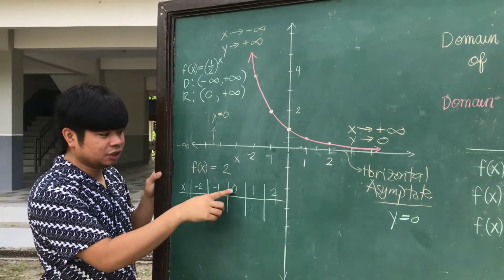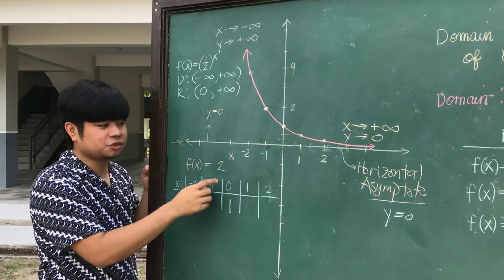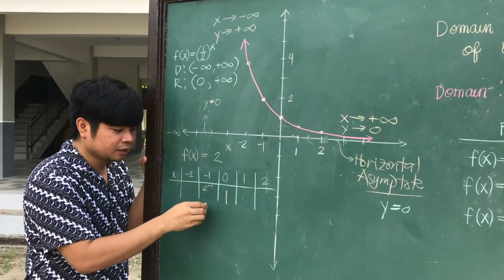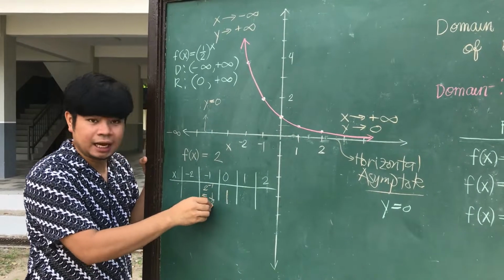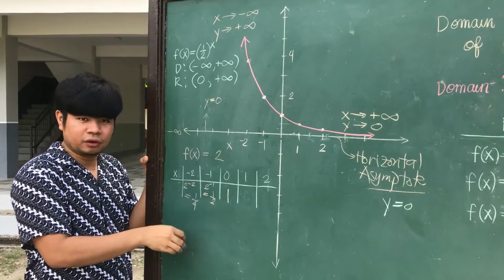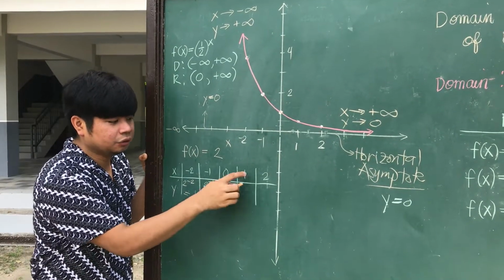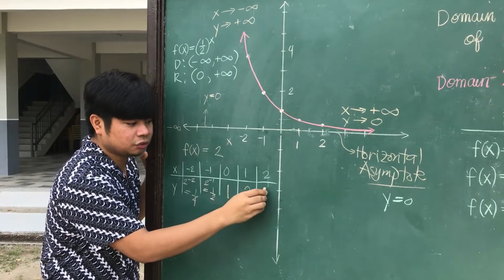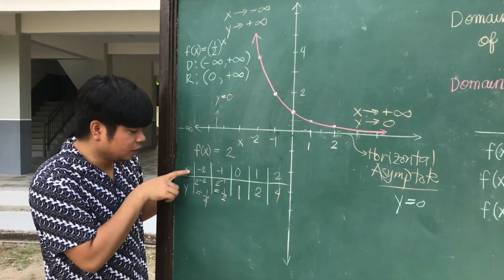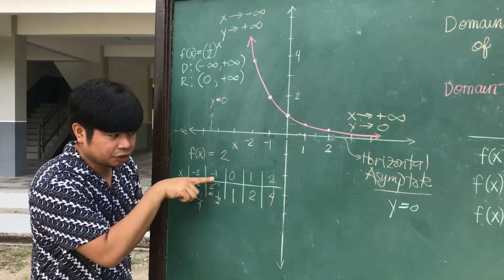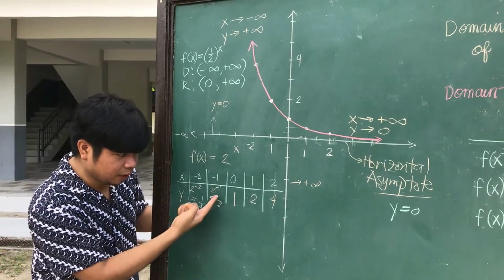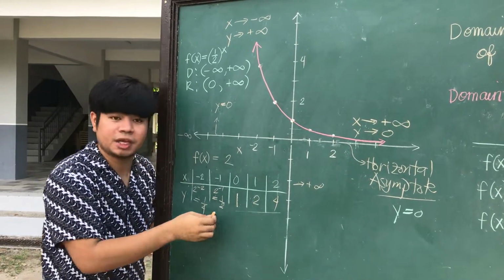So when x is 0, that remains to be 1, because 2 raised to 0 is simply 1, okay? 2 raised to negative 1 will give us 1/2. So 2 raised to negative 2 will give us 1/4, okay? So here, 2 raised to 1 is 2, and 2 raised to 2 is 4. Observing that when I increase the values of x here, the values of y do the same.